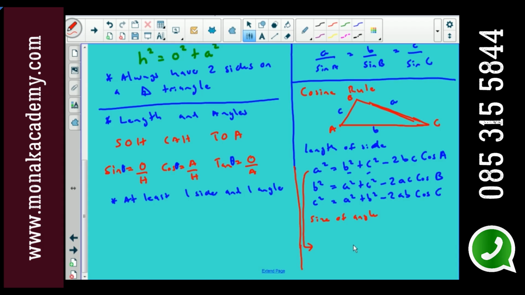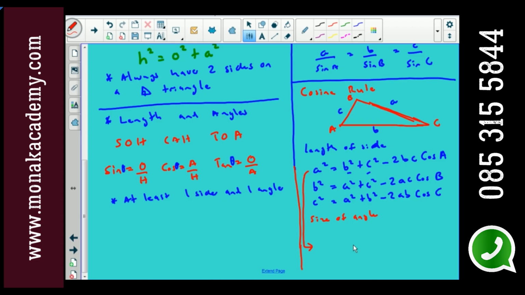And it's negative. So the wisest thing to do is to make it positive, it must come to the left side, right? And then A squared goes to the right side. And then later on you just divide by 2BC, and then you are left with your cos A.